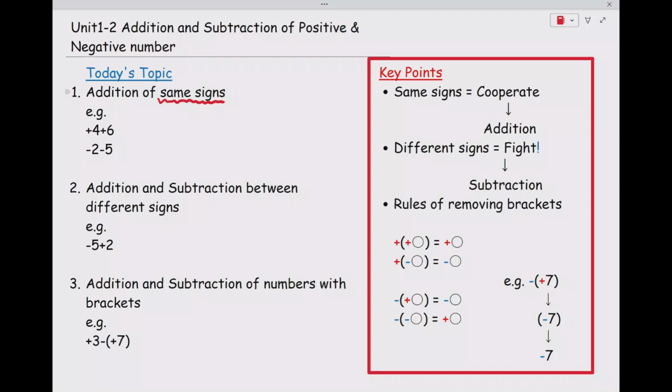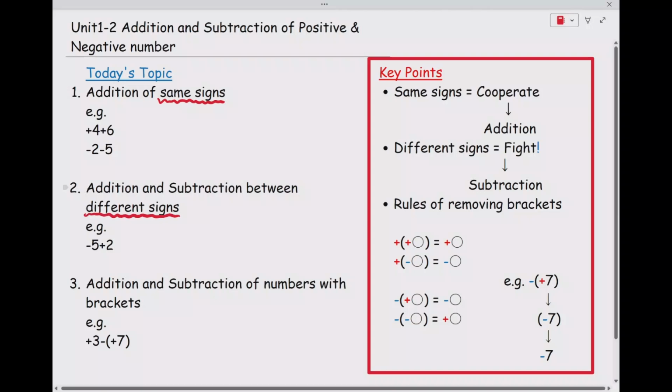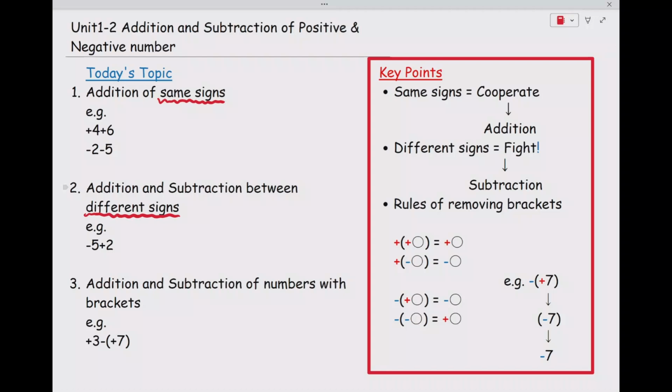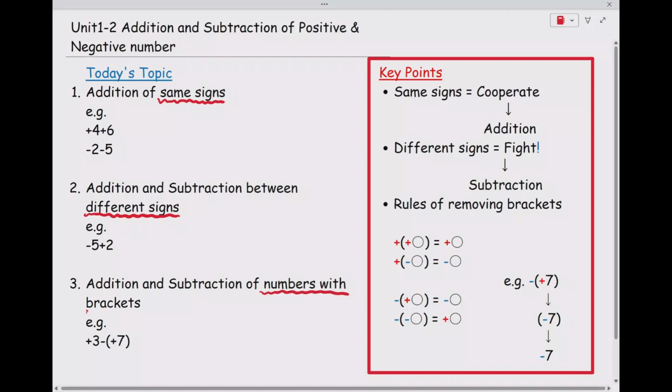Second, addition and subtraction between different signs. For example, minus 5 plus 2. And the third, addition and subtraction of numbers with brackets or parentheses. For example, plus 3 minus bracket plus 7.